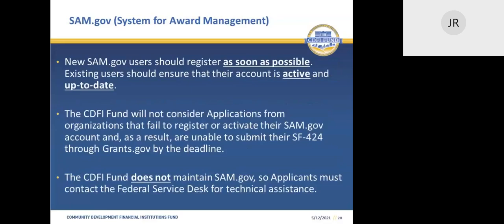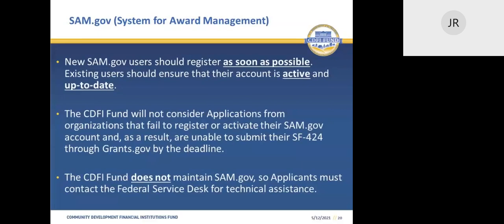For applicants that do not currently have an active SAM.gov account, it is recommended that you allow ample time to complete the entire registration and submission process well in advance of the SF-424 submission deadline. Existing users should review their SAM.gov account to ensure the information is up to date.